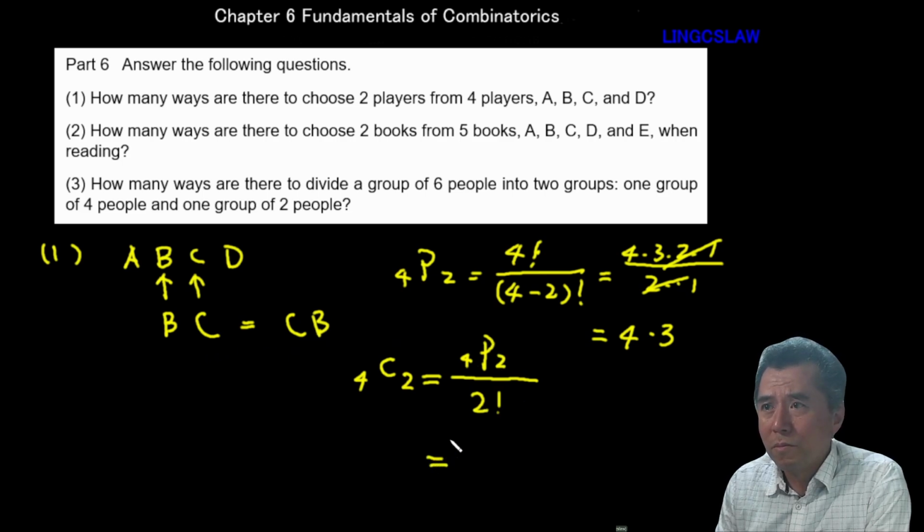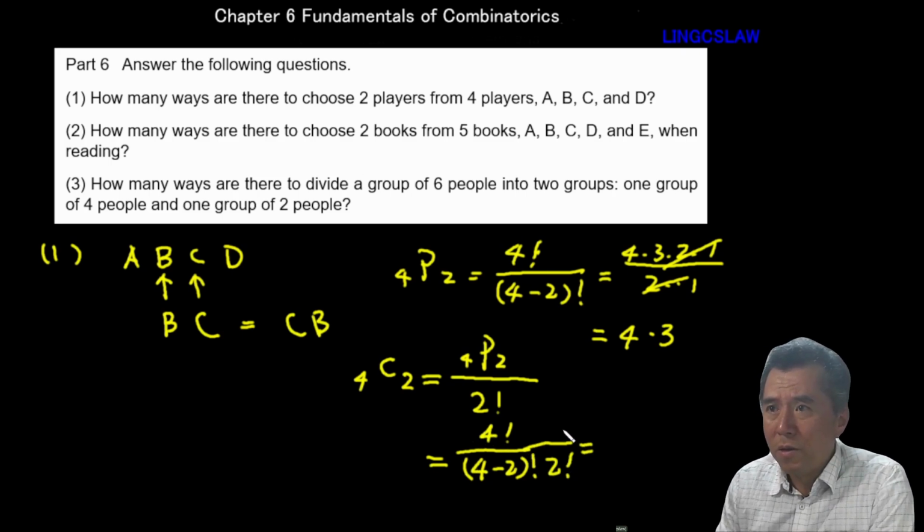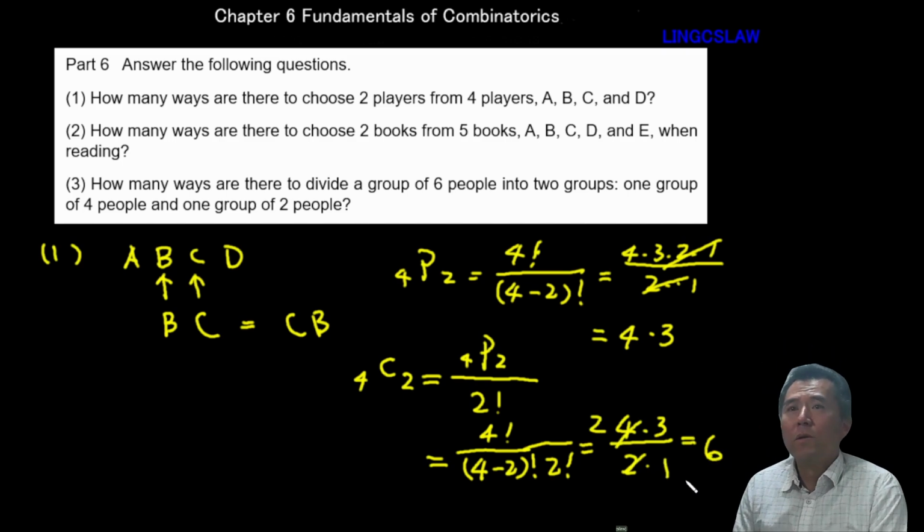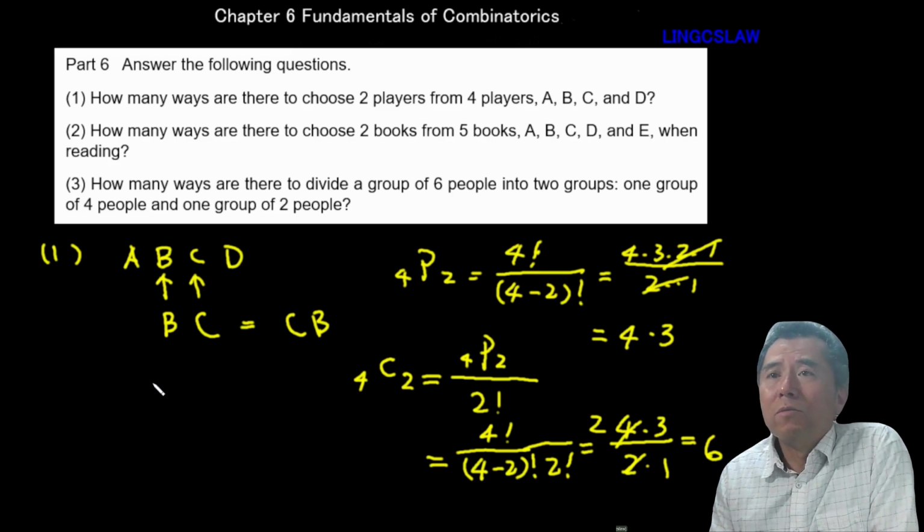So it's 4 times 3 divided by 2 factorial, where this part is 4 times 3, and this is 2 times 1, equals 6. So this is number 1.